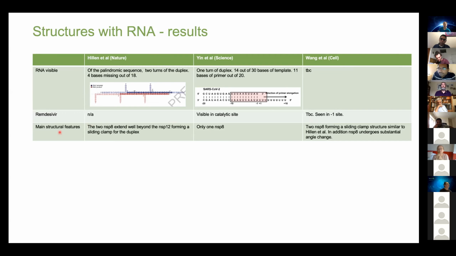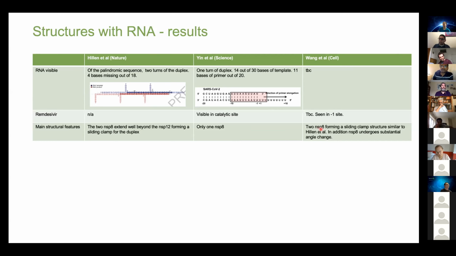Another important thing, if you look at structural features: the Hillen paper sees both of the NSP8s, and the NSP8s form a clamp for the long RNA duplex. The Yin et al. paper is a bit of an outlier because it only sees 1 NSP8, and as far as I remember, it does not see any interaction between the NSP8 and the RNA.